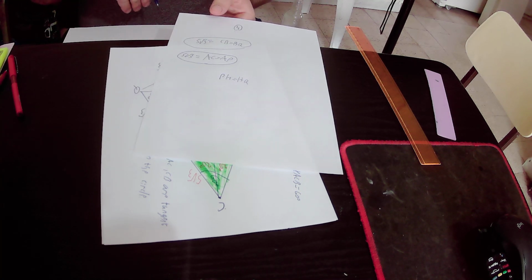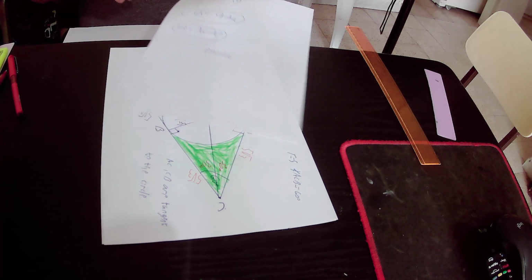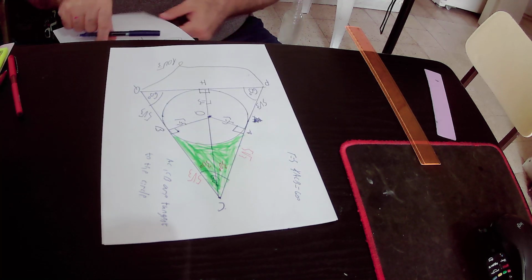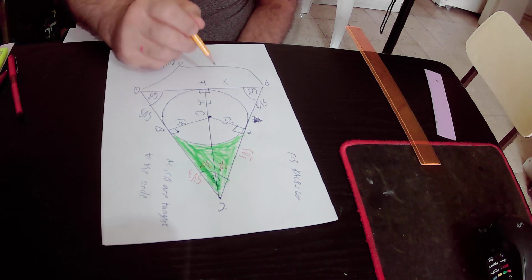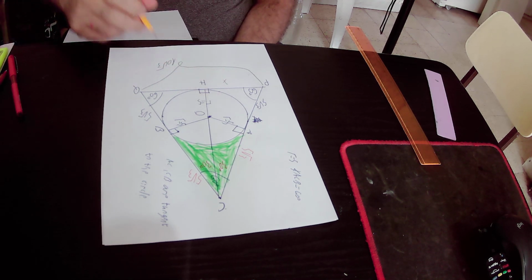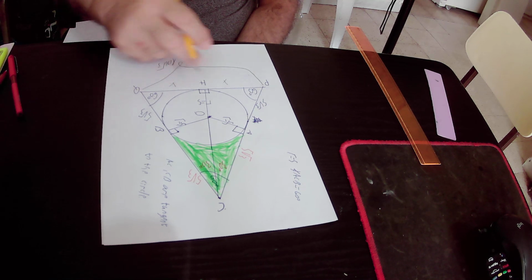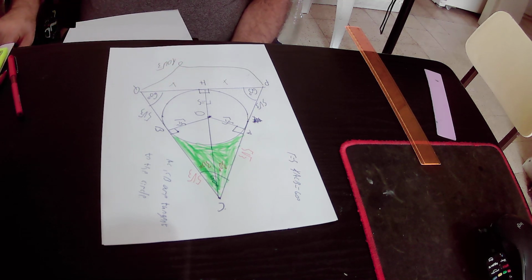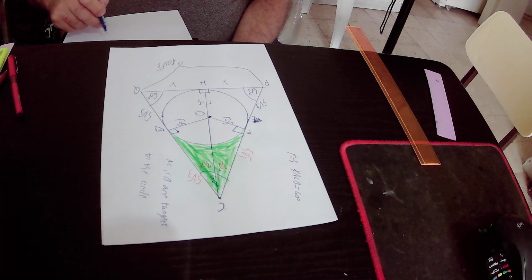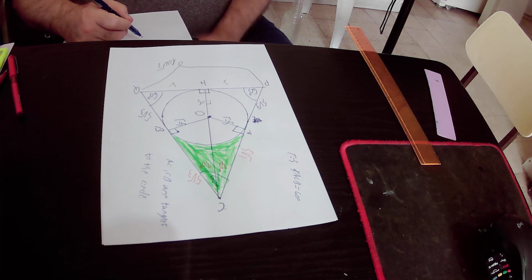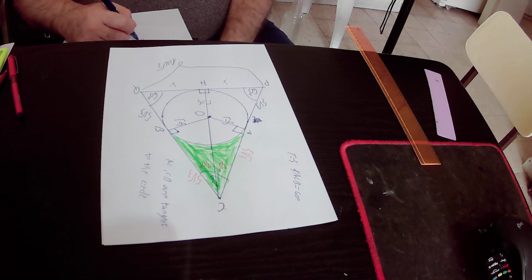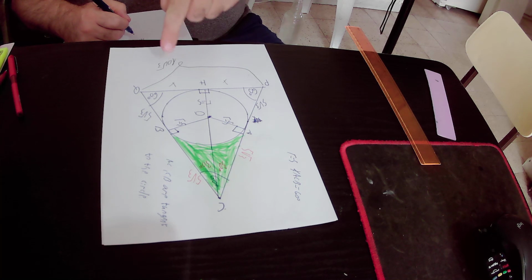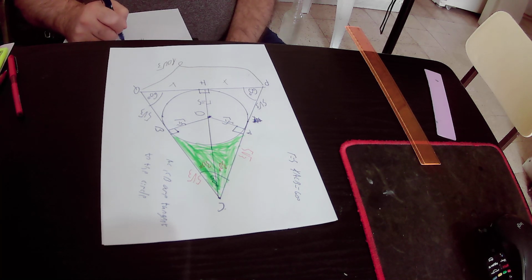So if we define PH as X, then HQ will also equal X because PH equals HQ. So we know that PQ from one side equals 10 times root 3 units. But from the other side, PQ also equals X plus X, that is 2X.